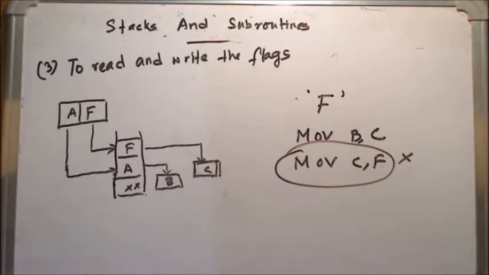But what if for some reason you want to copy the value of the flag register into some other register? Sometimes you may need that. It is not directly possible. There is only one way of doing it.